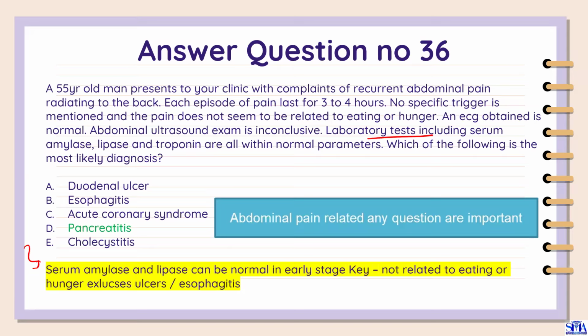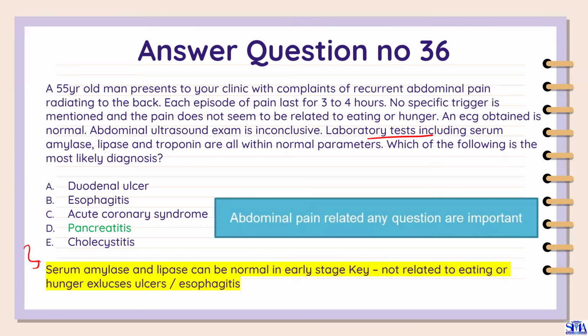Because most of you came from, this is more like a practice-related question. Amylase and lipase can be normal in the early stage. Is that a clearance that it's not pancreatitis? Amylase, lipase are normal in the beginning. Is that an indication it's not pancreatitis?